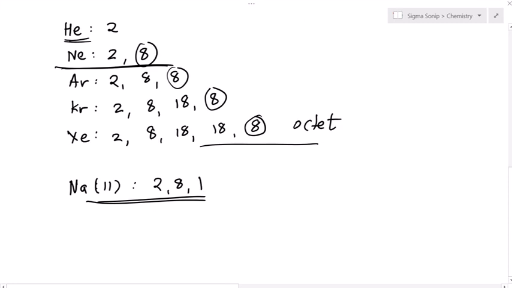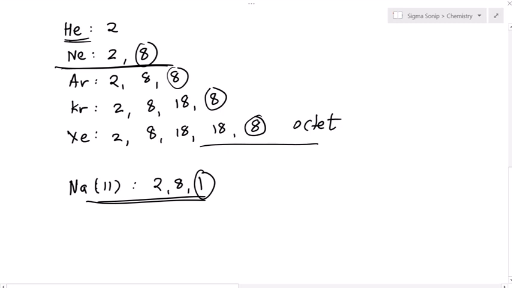So only difference is that sodium has got 1 extra electron here. So the easiest way for sodium to acquire electron configuration of a noble gas, that of neon, is by losing the single electron, and that would turn sodium into a positive ion.